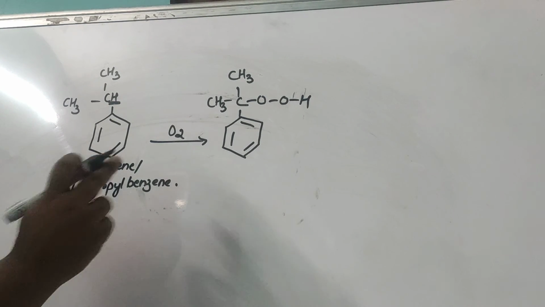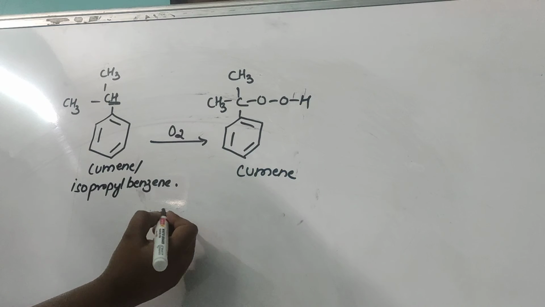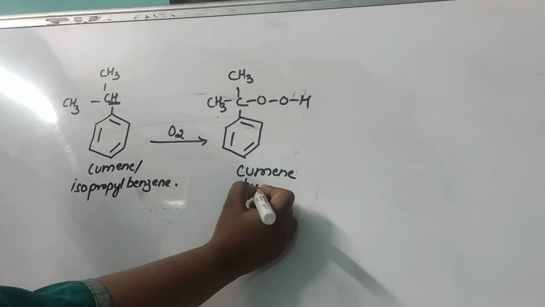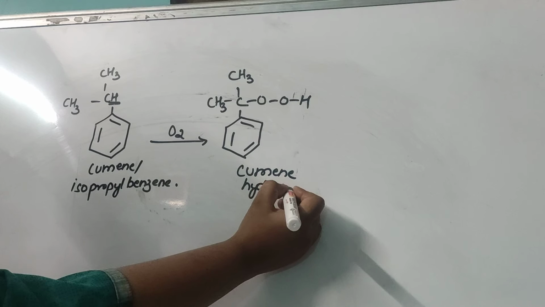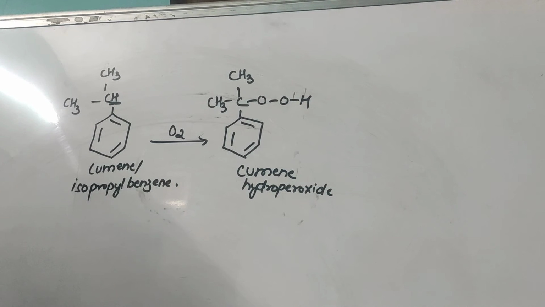Now the name of this is cumene hydroperoxide. Then next, this cumene hydroperoxide is converted to phenol and acetone by treating it with dilute acids.